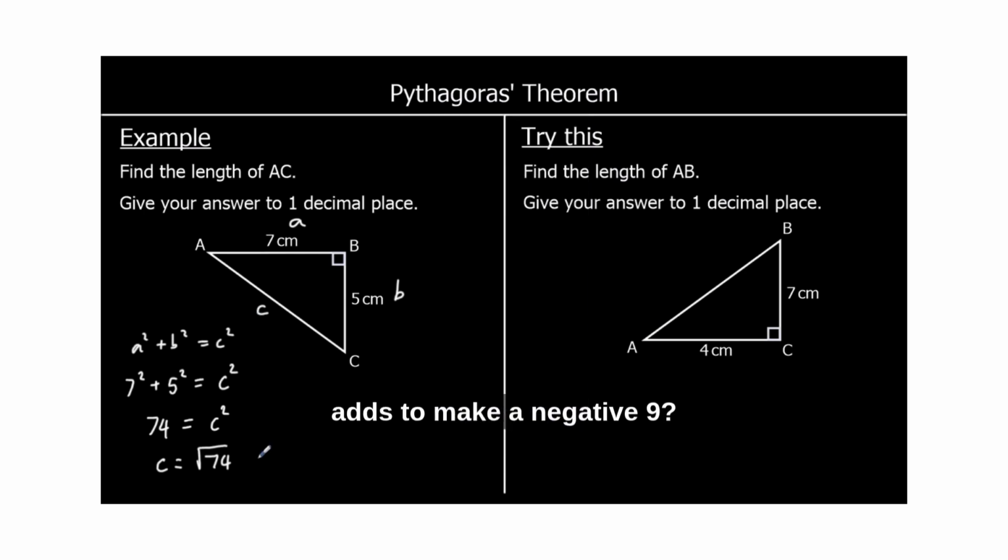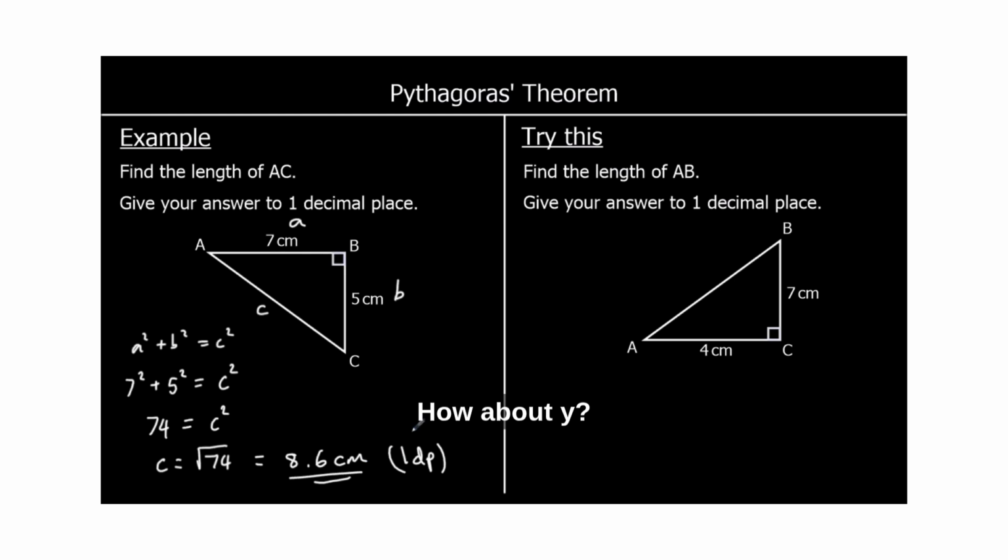So c is 8.6 centimeters. So 7 squared plus 5 squared equals 8.6 squared. So the longest side is 8.6 to 1 decimal place.